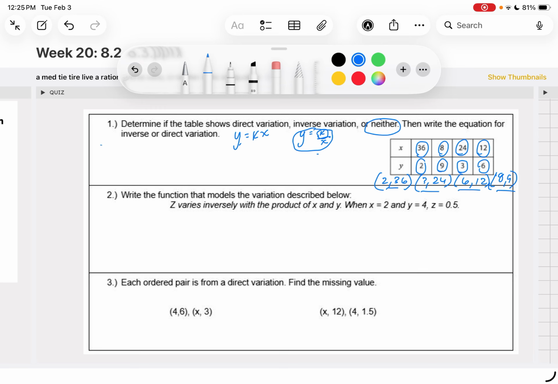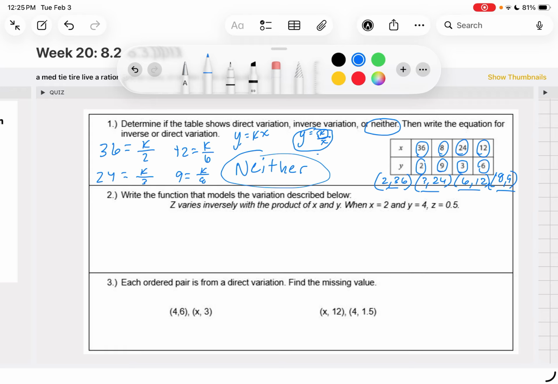So we're going to have 36 equals k divided by 2. 24 equals k divided by 3. 12 equals k divided by 6. And then 9 equals k divided by 8. So I can already see none of these k's are going to be the same. Okay, so this would actually be a situation where it is neither inverse nor a direct variation.